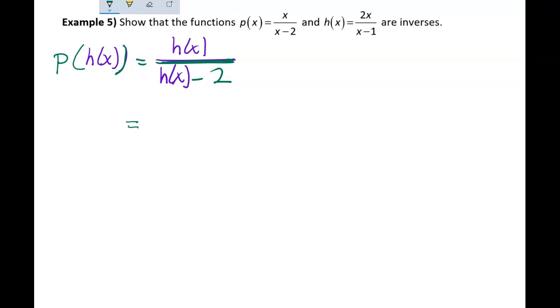Okay, now let's replace h of x. H of x is the function 2x over x minus 1.